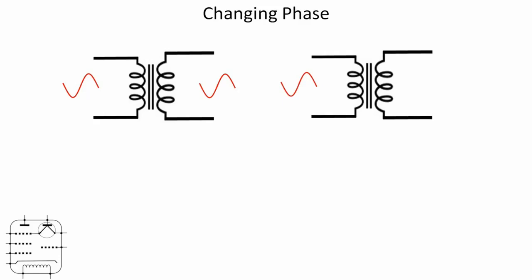Another possible outcome is to feed the sine wave in as before, but what we actually get is a sine wave that's 180 degrees out of phase, and that could be because of the way the transformer is being wound, but it could also be to do with how we wire it up.